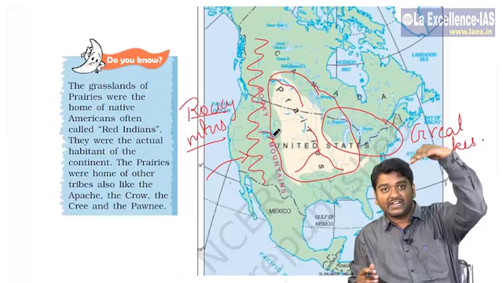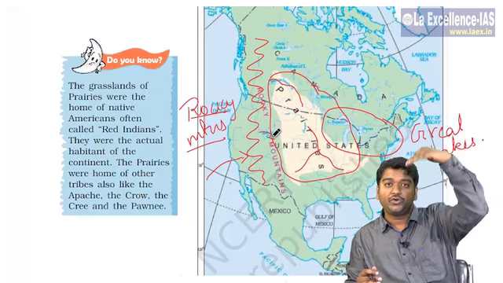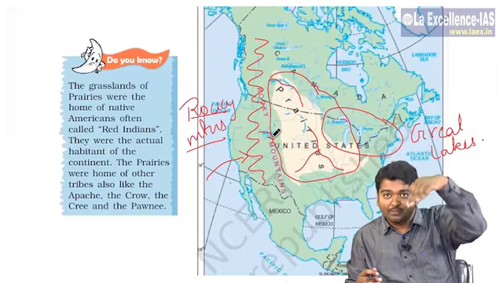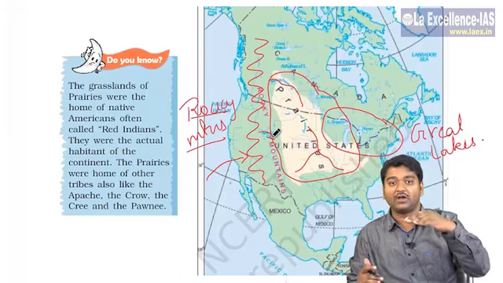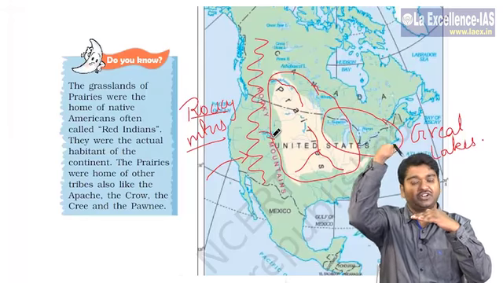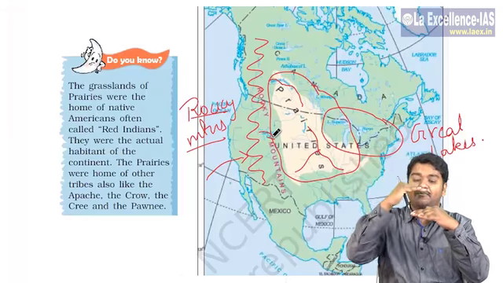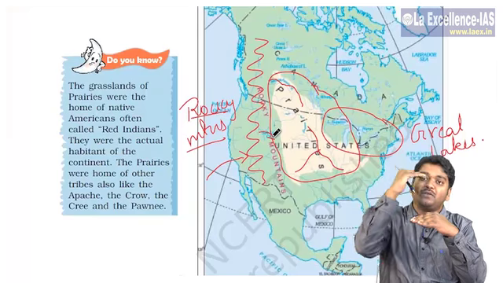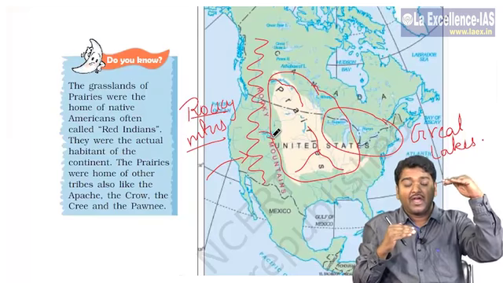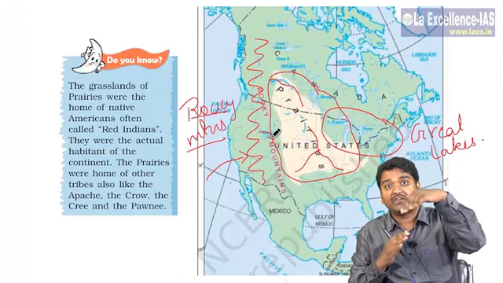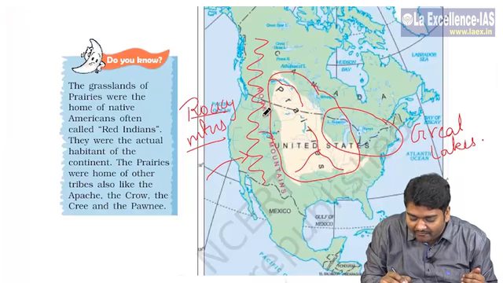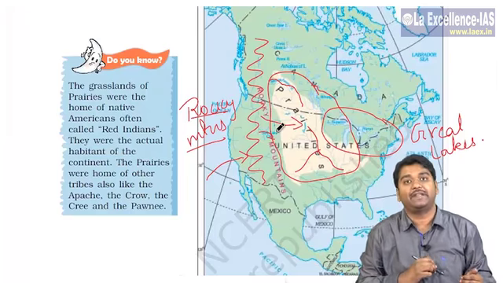Once it crosses, it comes down. I have already told you, if air moves below in the troposphere, temperature increases, because with increasing height, temperature decreases. That is, if I am moving above, temperature decreases. If I am moving below, temperature increases. Wind moving down from the Rocky Mountains will be warm.